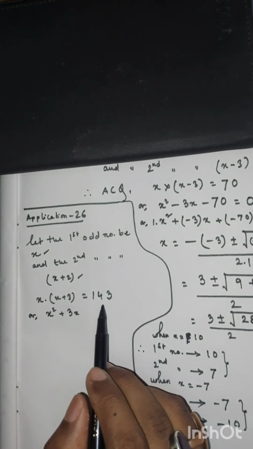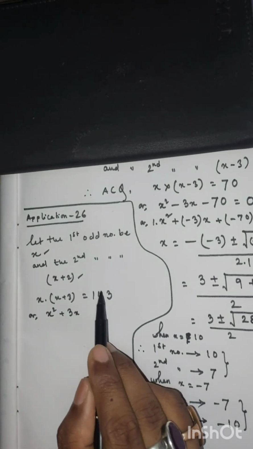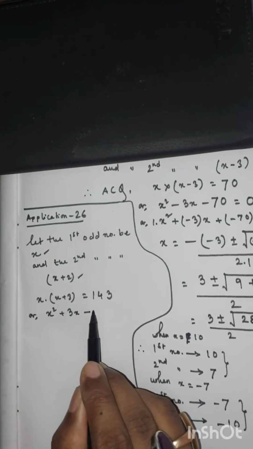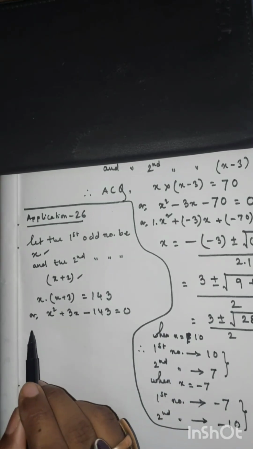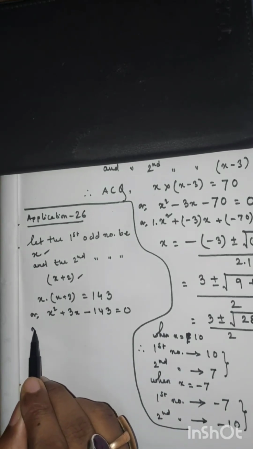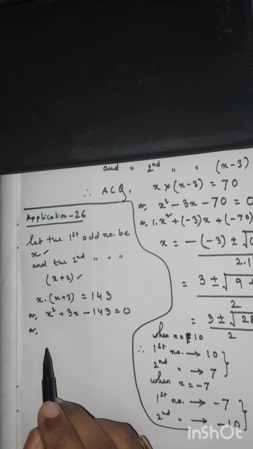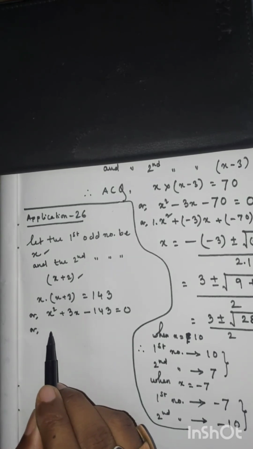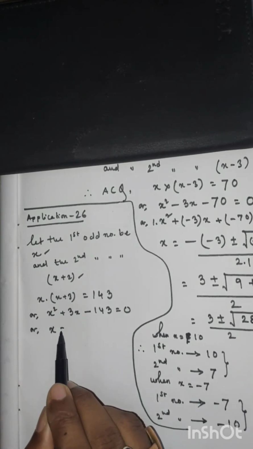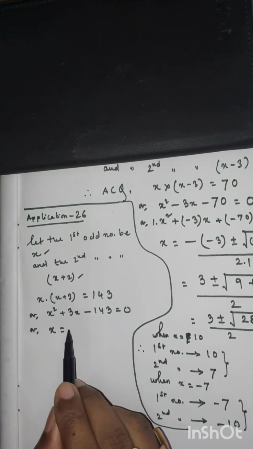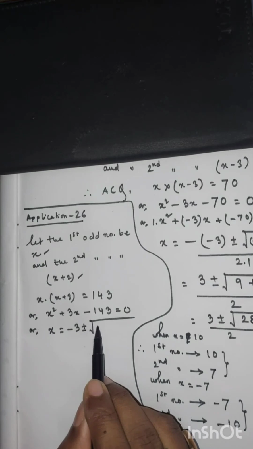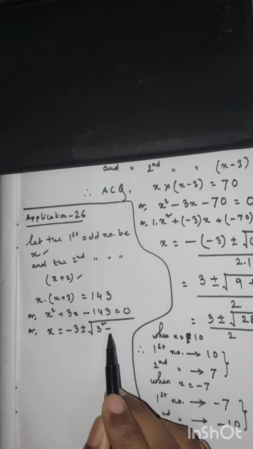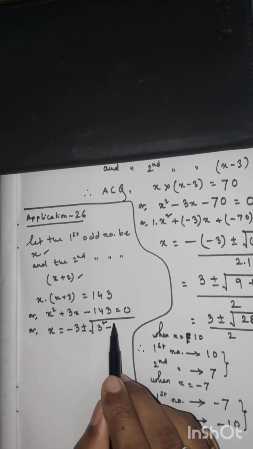If I take 143 to the left side, I get, by applying SRIDHARA ACHARYA, I can directly write the value of x should be minus b, that is minus 3, plus minus root over b square, that is 3 square, minus 4ac.